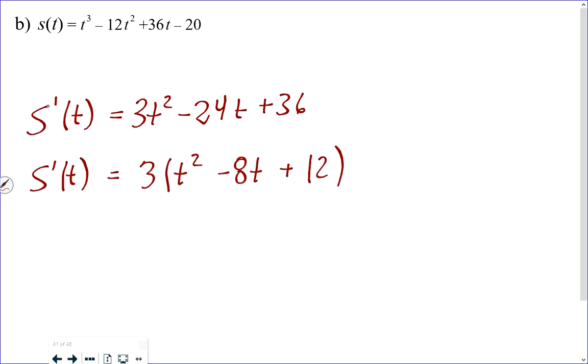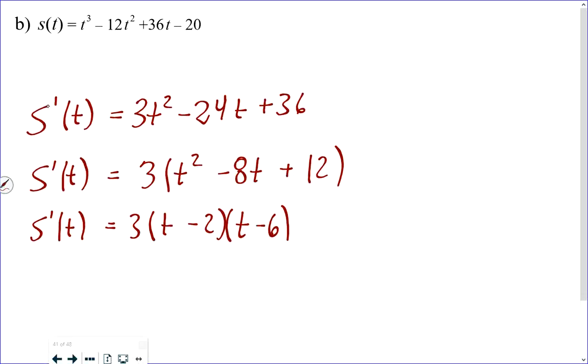I believe that's factored correctly so far, which means the derivative s prime of t is 3 times t minus 2 times t minus 6. What we are doing is finding out where it's 0 by never actually saying dy dx equals 0. It's equal to 0 at 2 and 6.